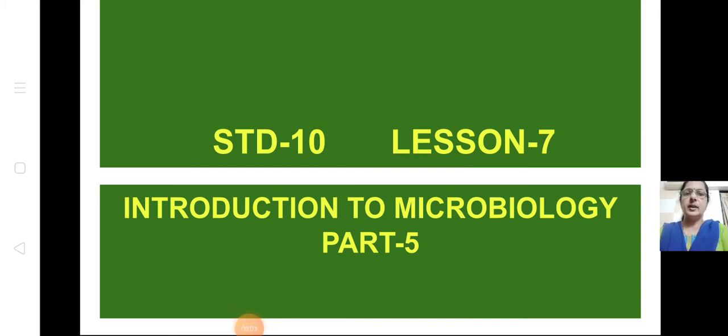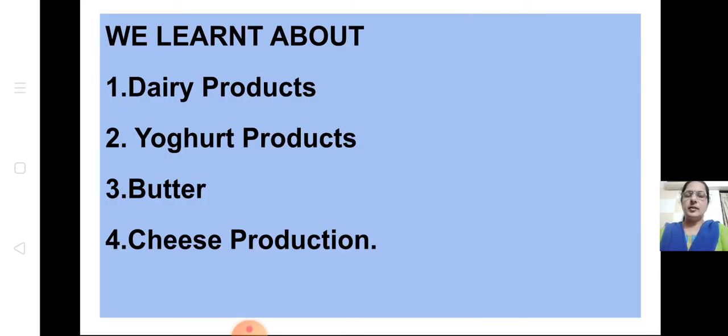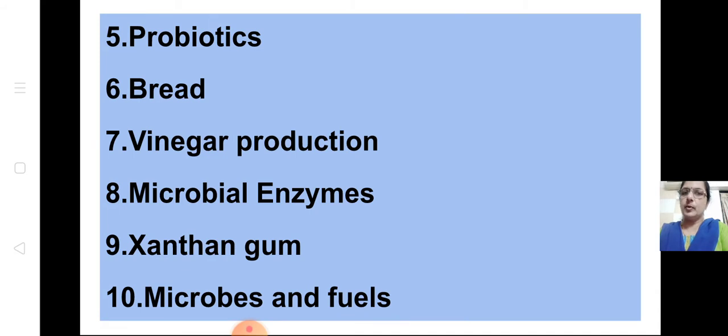Today we have come to the last part of lesson number 7, Introduction to Microbiology. We already learned 4 parts. In the 4 parts, we have learned what is meant by microbiology, and we learned about different products formed using microbes like dairy products, yogurt, butter, cheese production. We learned about probiotics.